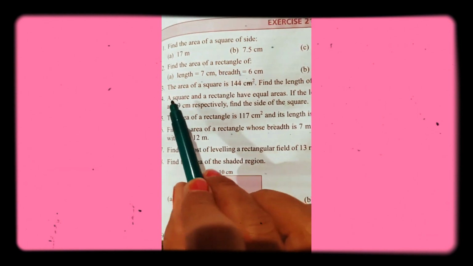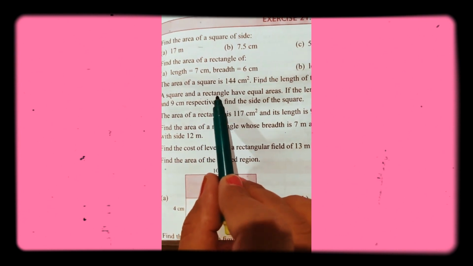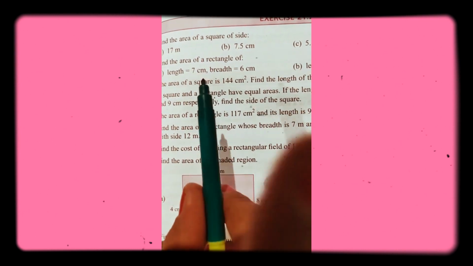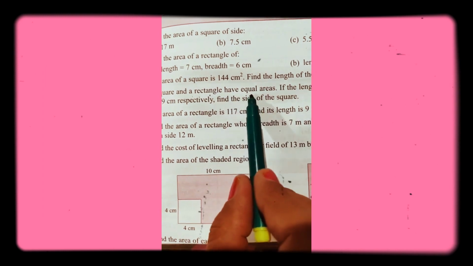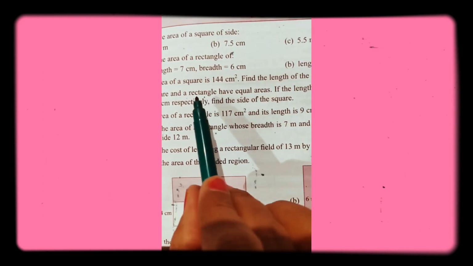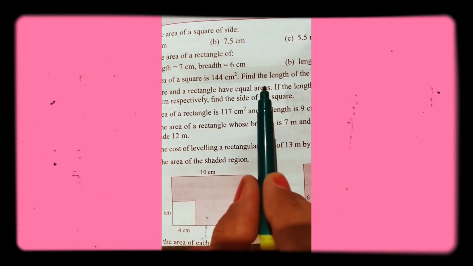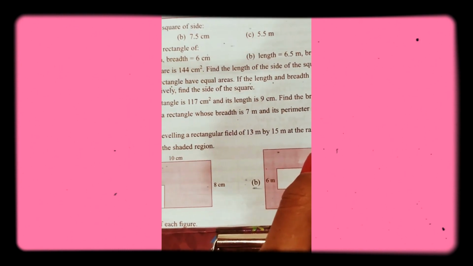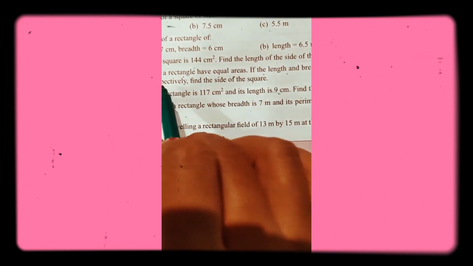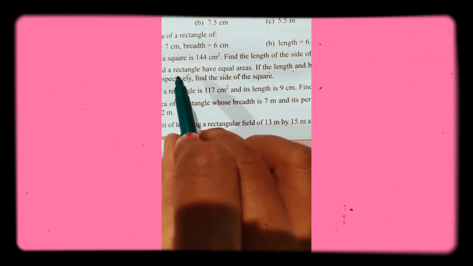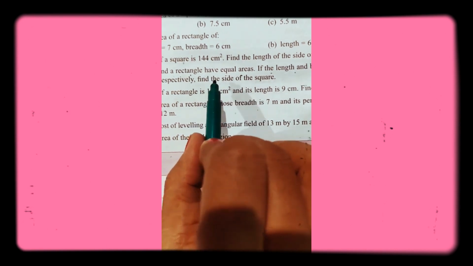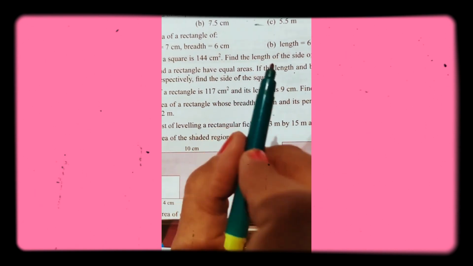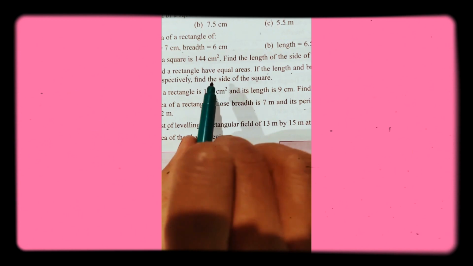Now the next question is question number 4. Question 4 is given a square and a rectangle. Square and rectangle both have equal areas. If the length and breadth of the rectangle, length is given 25 centimeter and breadth is given 9 centimeter respectively, you have to find the side of the square. What we have to find here?